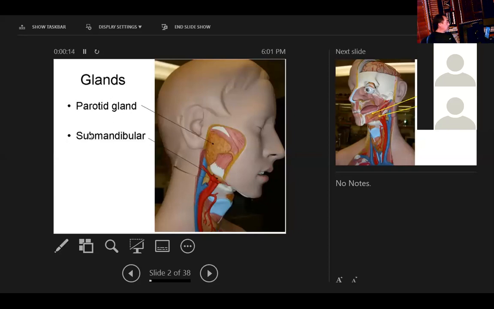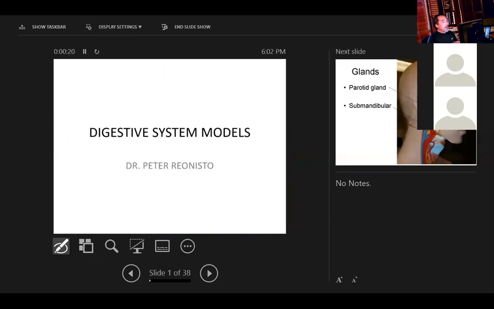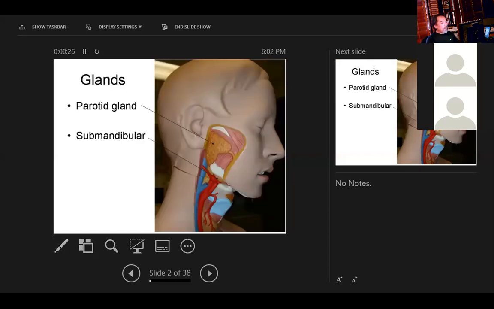Okay, so I'm going to open up my pen. Okay, so you should be able to see the word right. Okay, and let's start with the different models for the digestive organs.